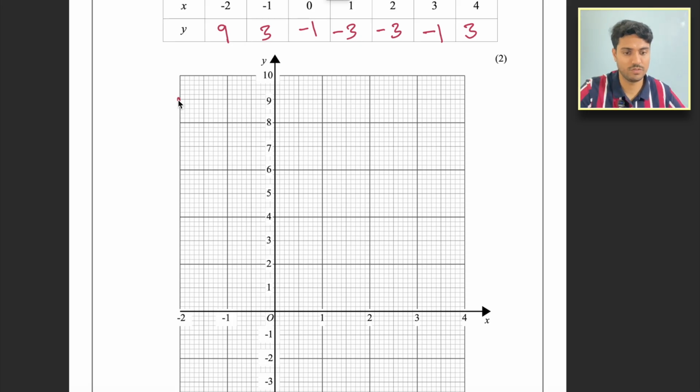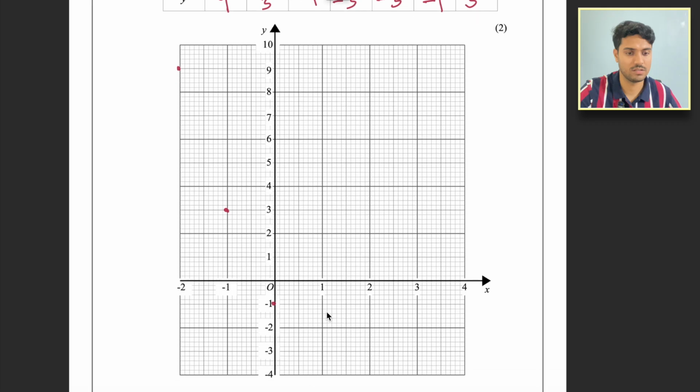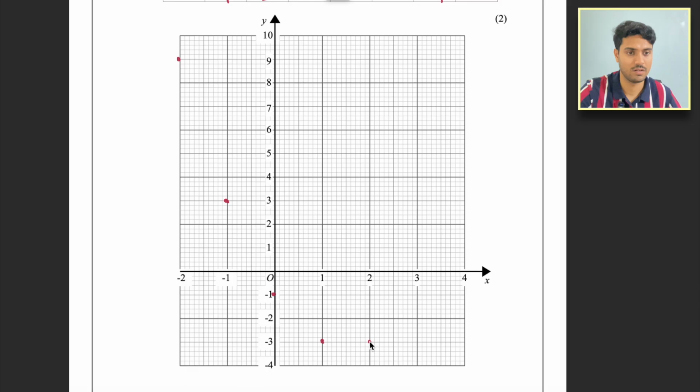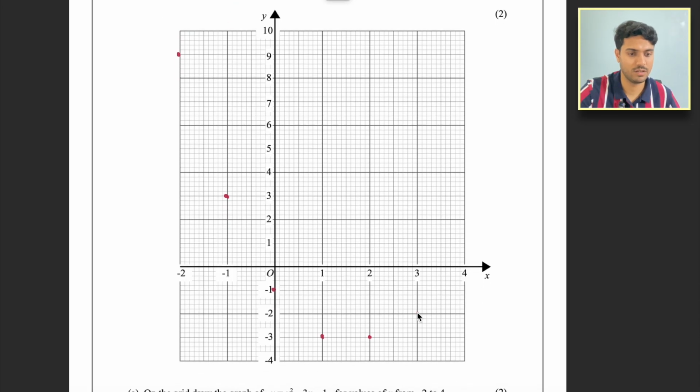We can plot it. Negative 2, 9 here. Negative 1, 3, 0, negative 1 here. At 1 it is negative 3. At 2 also it is negative 3. At 3 it is negative 1.